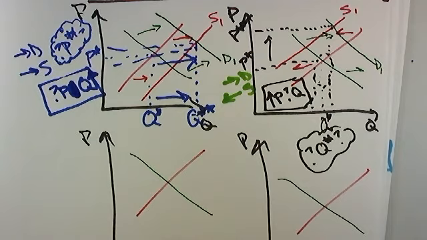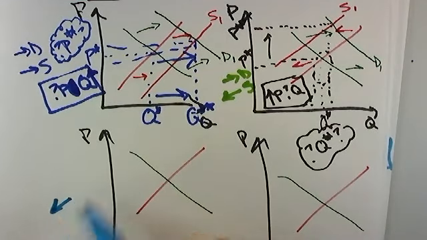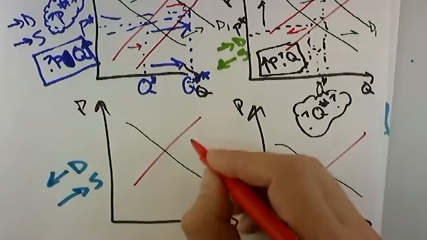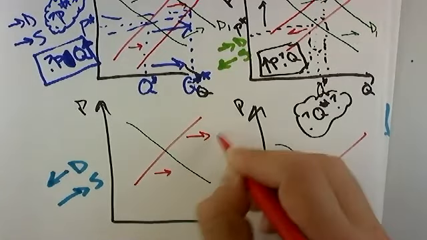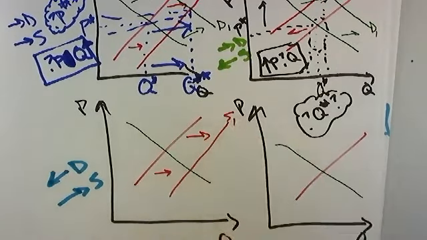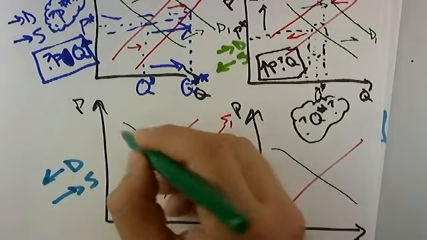All right, two more and then we're done. Okay, what if we were to have a shift leftwards in the demand, but a shift rightwards in the supply? Ooh, very interesting. So a shift rightwards in supply would look like that. And a shift leftwards in demand would look like this.